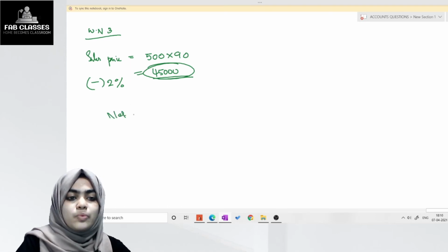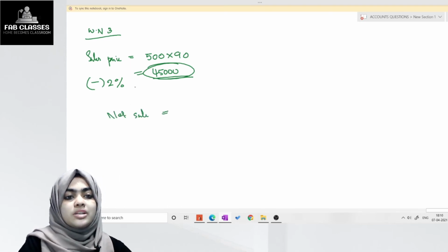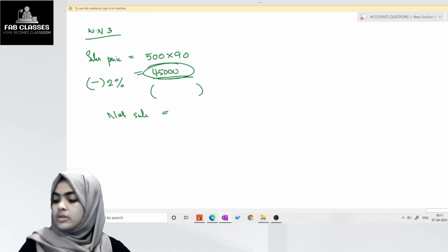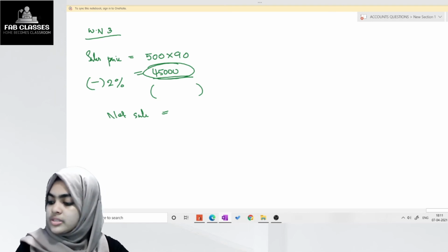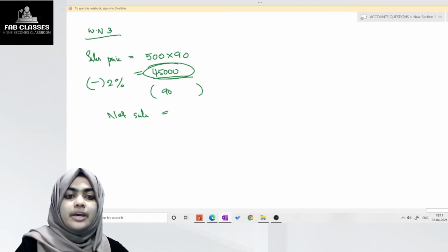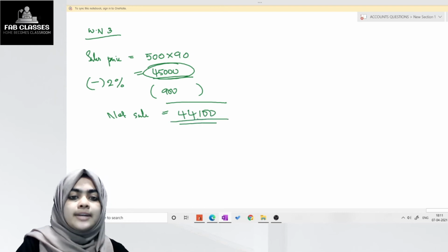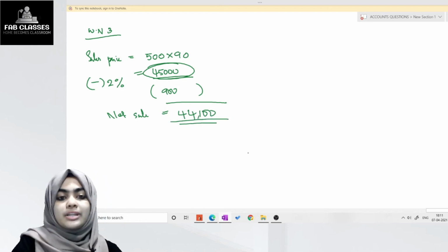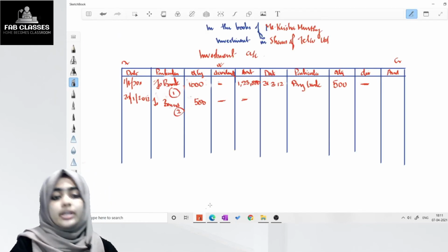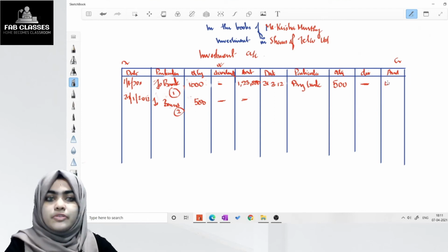The net sales will be 2% of 45,000. So 45,000 into 2%, in the sense 900, will be reduced, so the net sales will be 44,100. This is the net sales value which we are going to get. So this is the price which we are going to record here, 44,100.